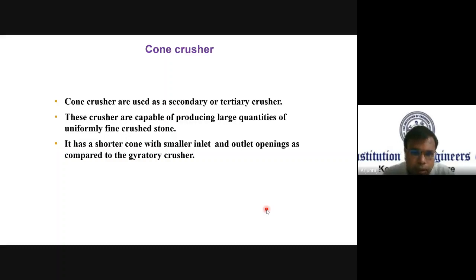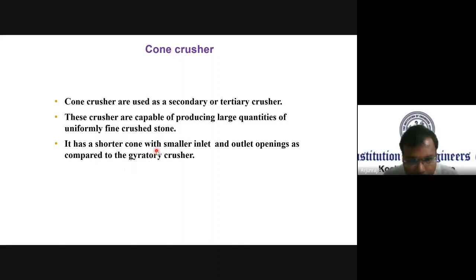And you have the cone crusher, which is called a secondary or a tertiary crusher. These crushers are capable of producing large quantities of uniformly fine crushed stone. So if you want a large quantity of stone of uniform and fine size, then you can go for this cone crusher.